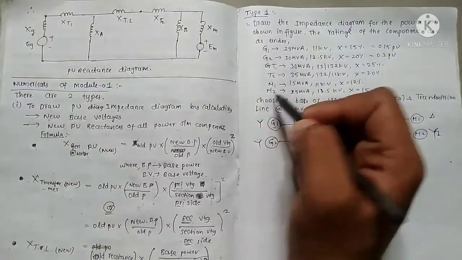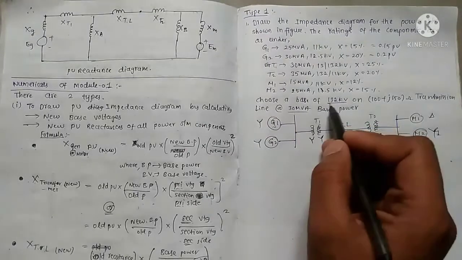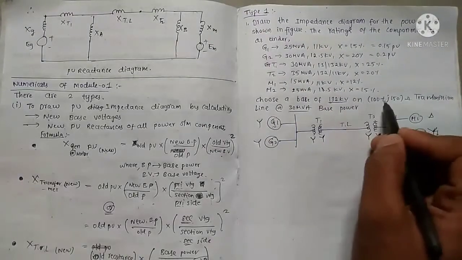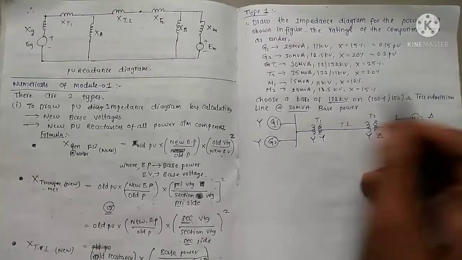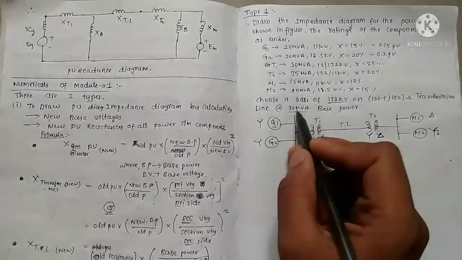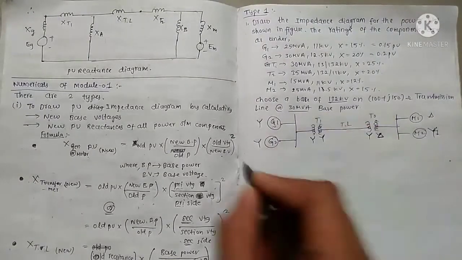T1, T2, M1, M2. Choose a base voltage of 132 kilovolt on the 10 plus j50 ohm transmission line. Remember this transmission line, and the base power is also given as 30 MVA.